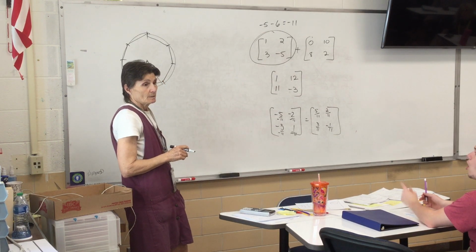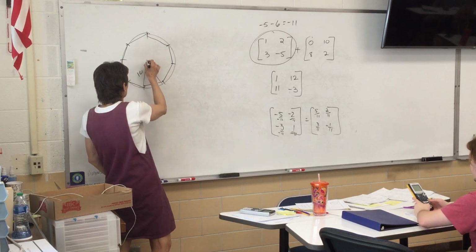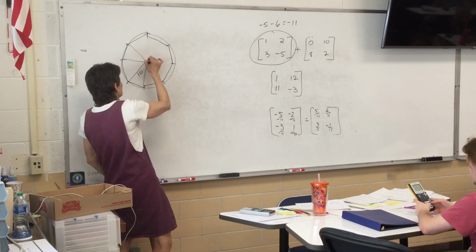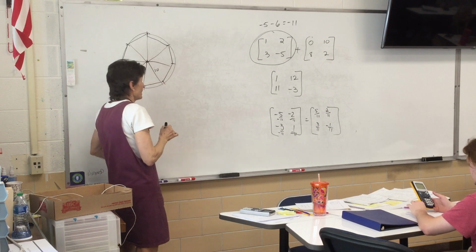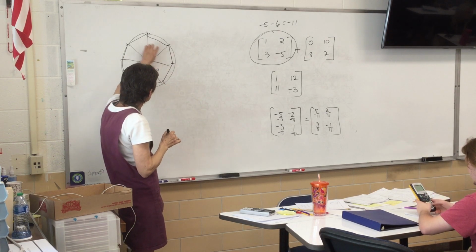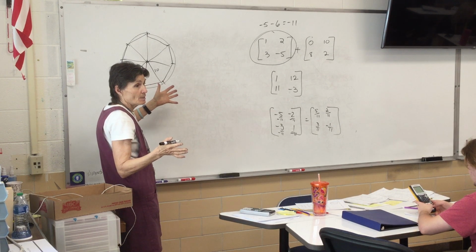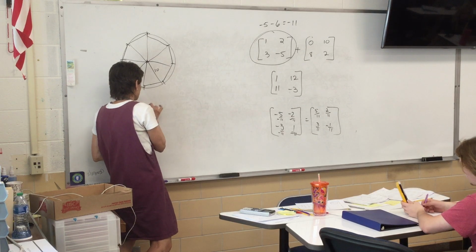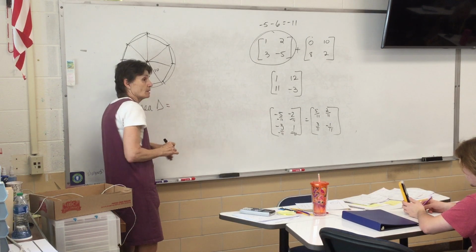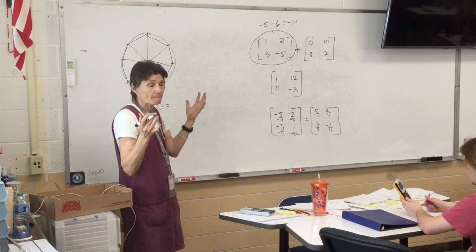Okay? So remember, every one of these that I draw in is going to be 10, right? And all of the little triangles that are formed are the same size. So if I can find the area of one of the triangles, and then times it by 8, I'll be done.